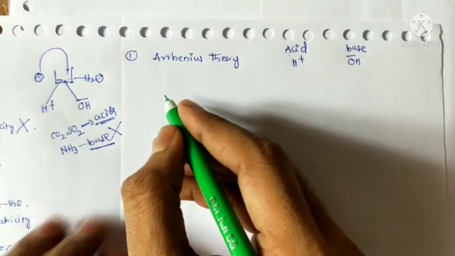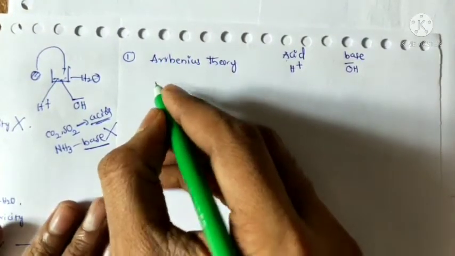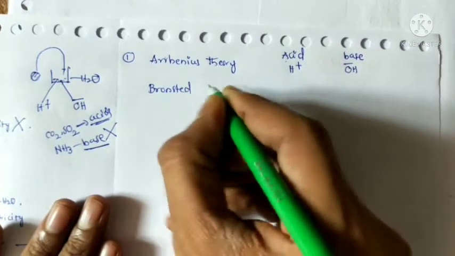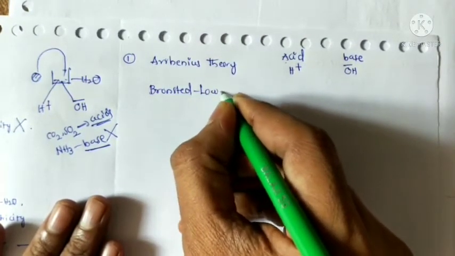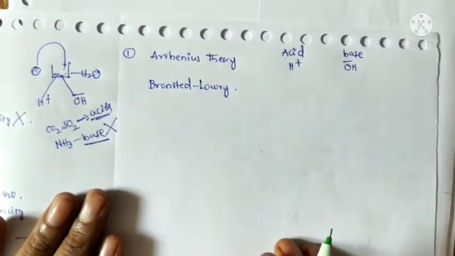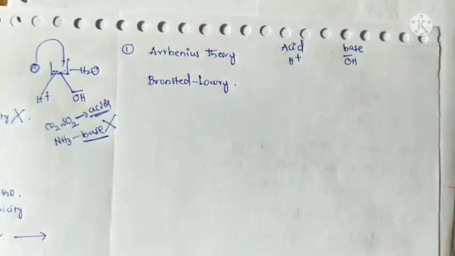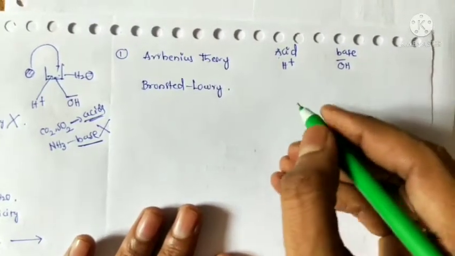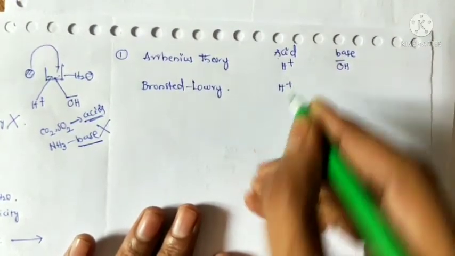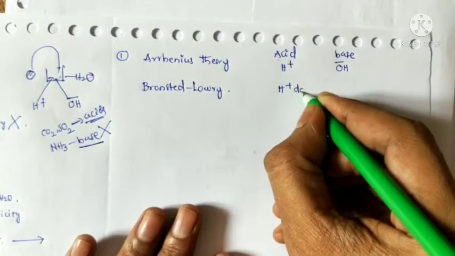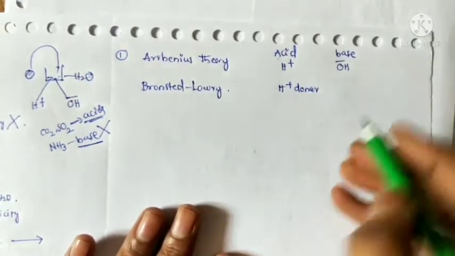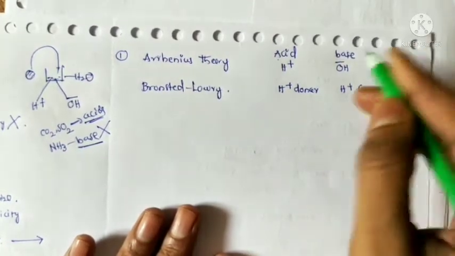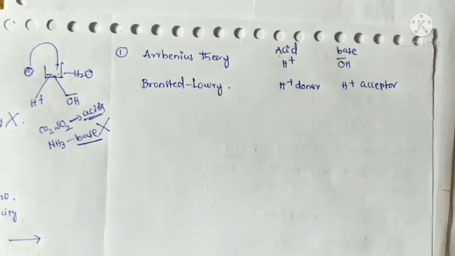That's why another theory was introduced, the Bronsted-Lowry concept. According to this concept, the H plus ion donor is called an acid and the H plus ion acceptor is called a base.